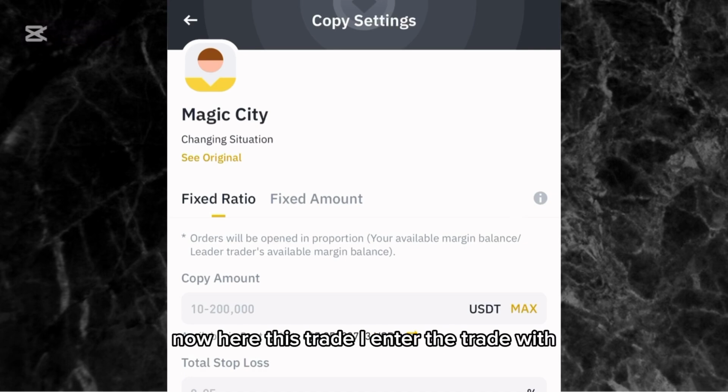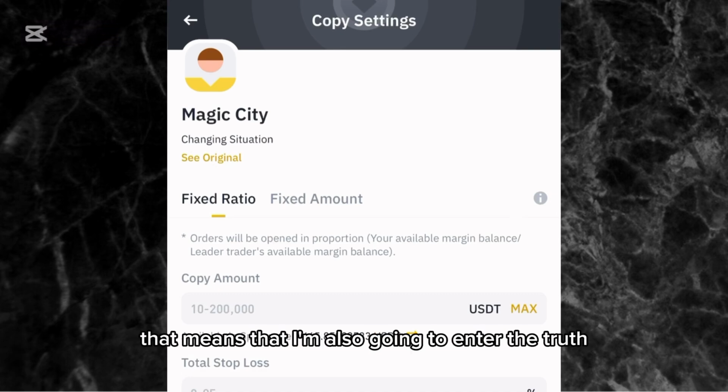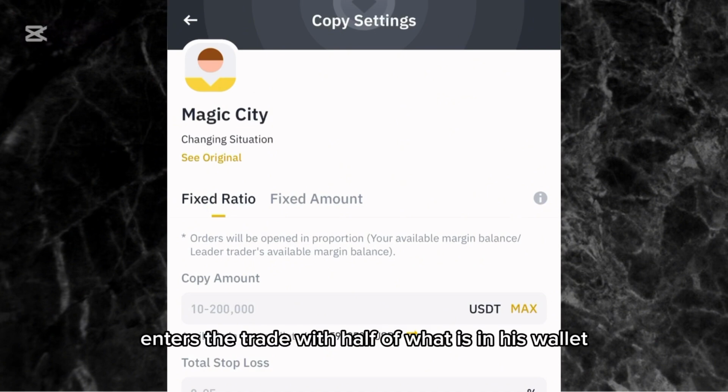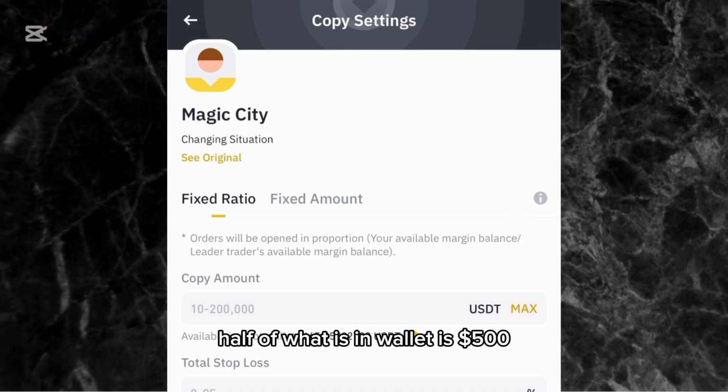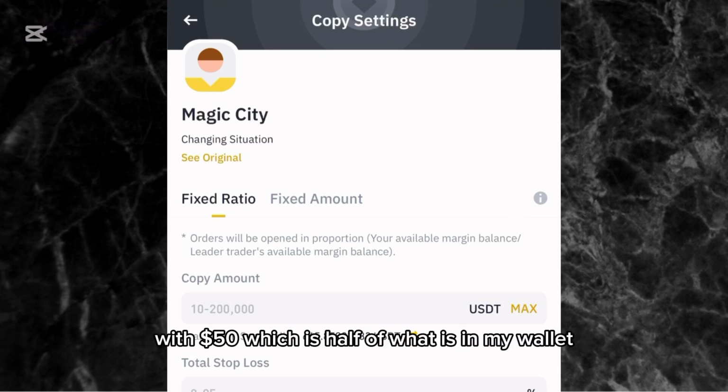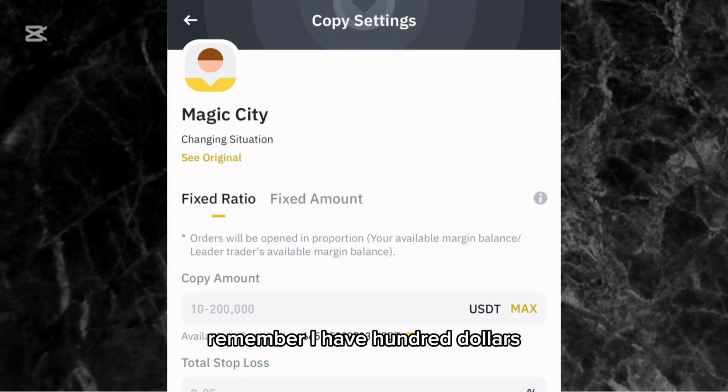Now, if this trader entered the trade with $1,000, that is all the money in his wallet, that means that I'm also going to enter the trade with all the money in my wallet, which is $100. Now, if this trader enters the trade with half of what is in his wallet, half of what is in his wallet is $500. That means that I'm also going to enter the trade with $50, which is half of what is in my wallet. Remember, I have $100.